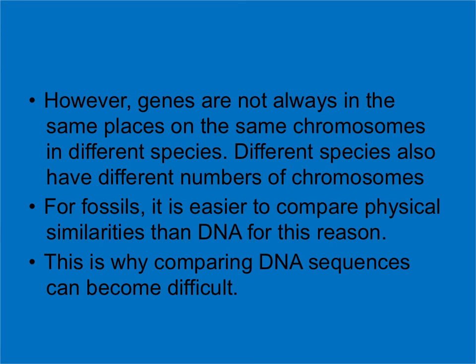It makes it hard to interpret and compare DNA when you have an organism that has 46 chromosomes and an organism that has 1,046. It makes it very difficult because we don't have a genome for every organism. We have a human genome. We know where the human genes are, but it would be very difficult to study DNA comparisons in multiple species, especially if they're not closely related.